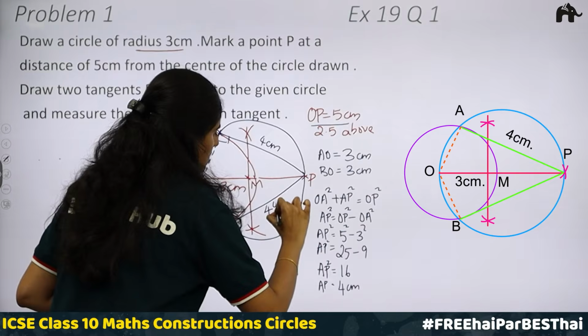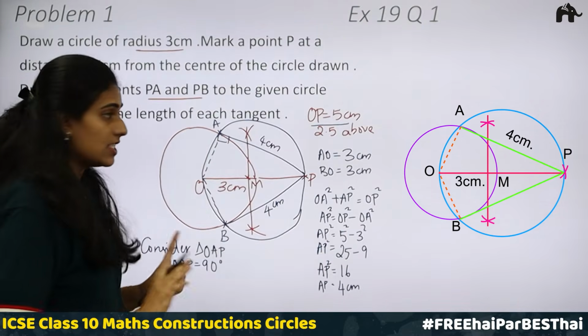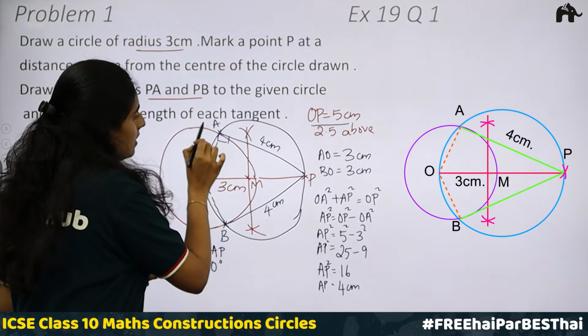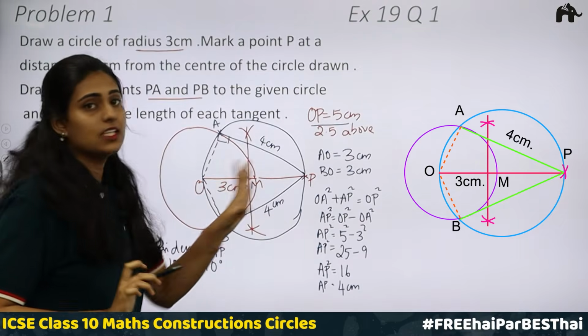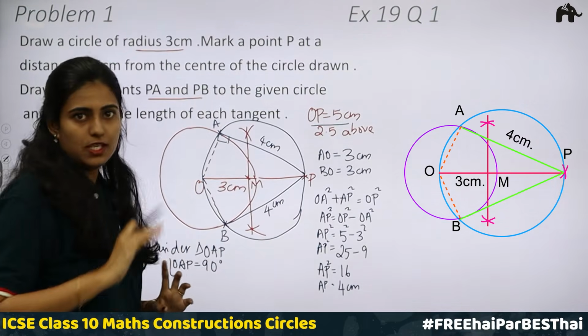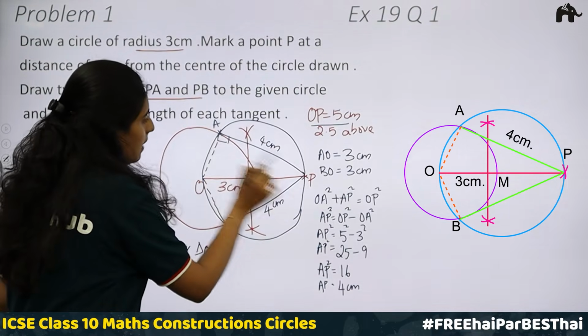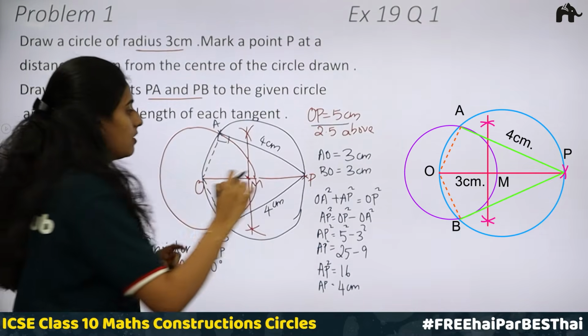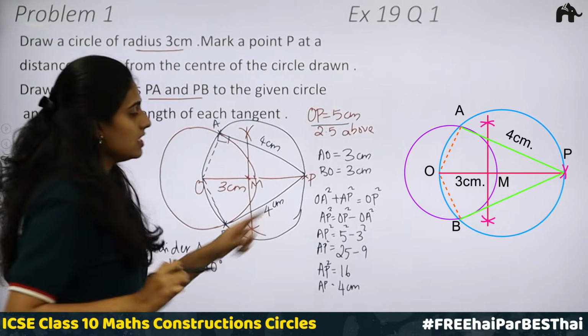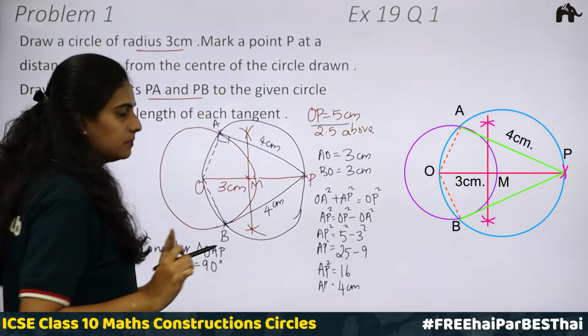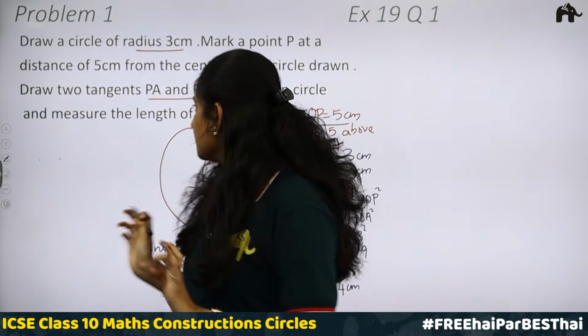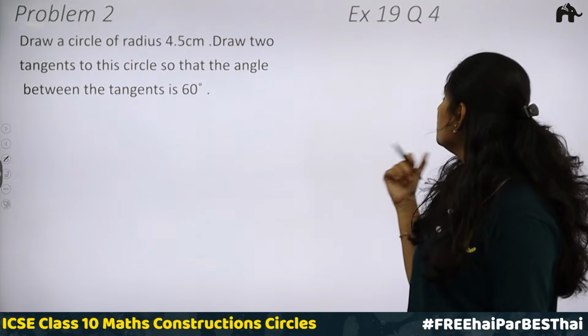We have studied again that the lengths of tangents from a given exterior point will always be equal. Here again we are getting AP and BP equal. They are from a single exterior point P. Clear? Understood this?